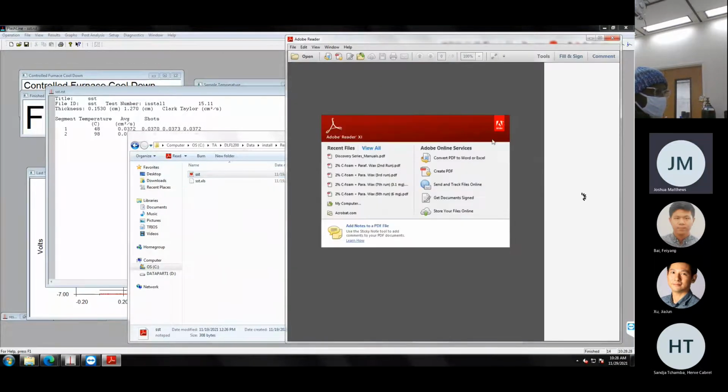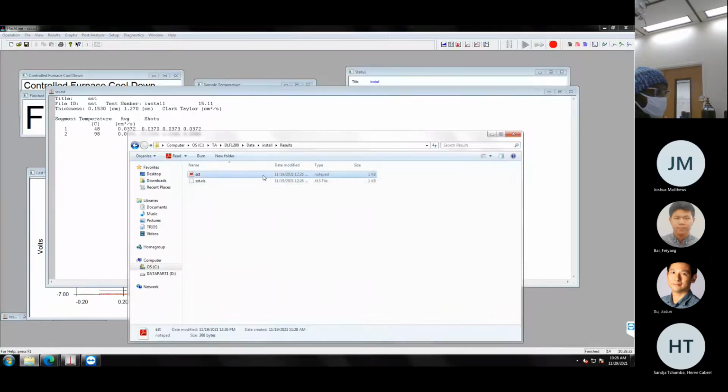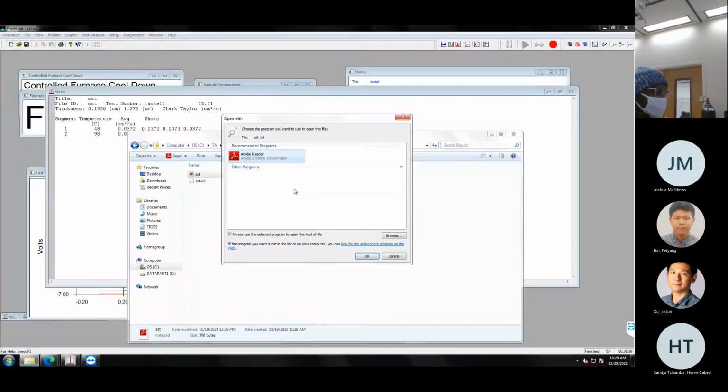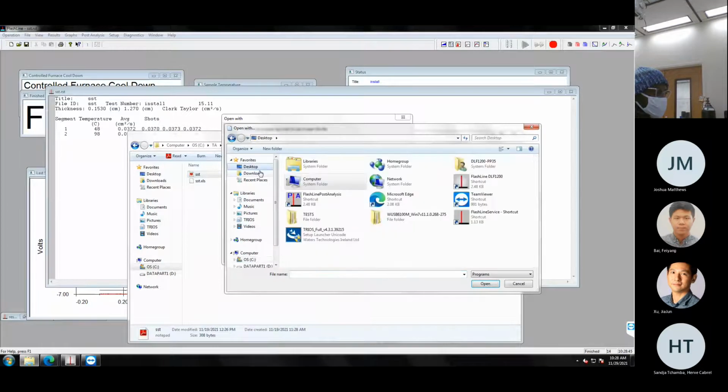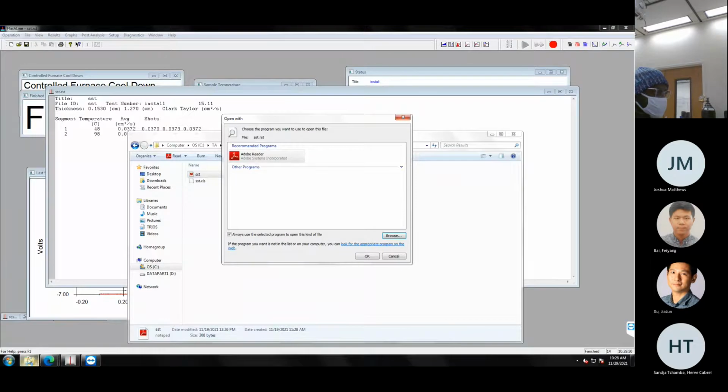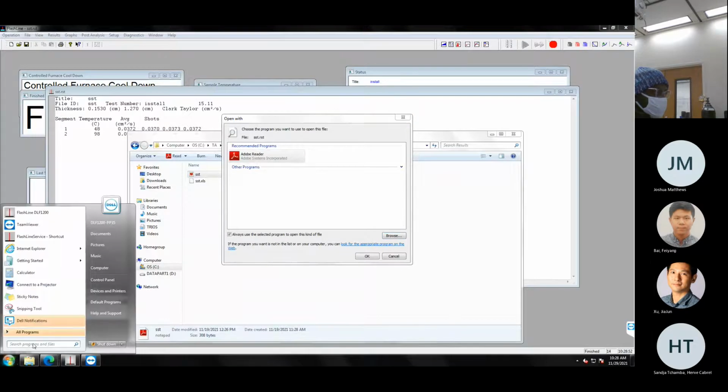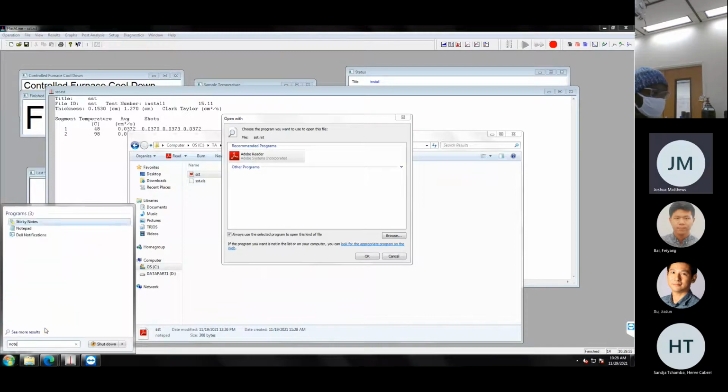I guess you can open it here too. Do you have Notepad? Doesn't look like it. There it is.